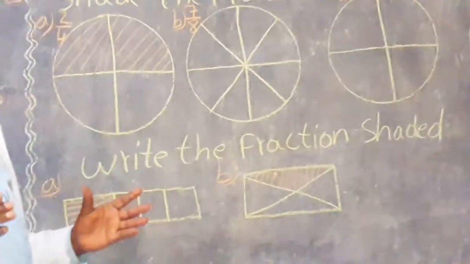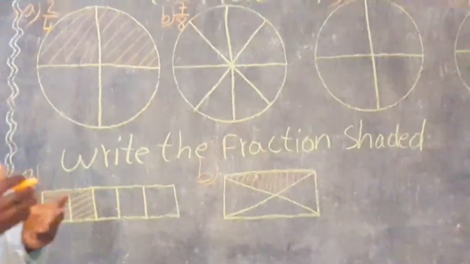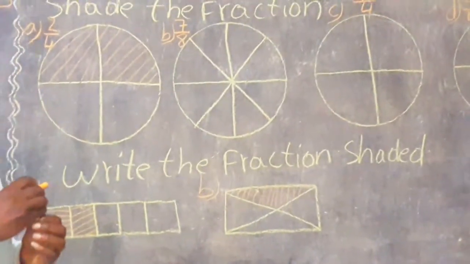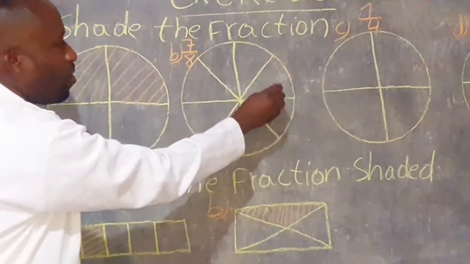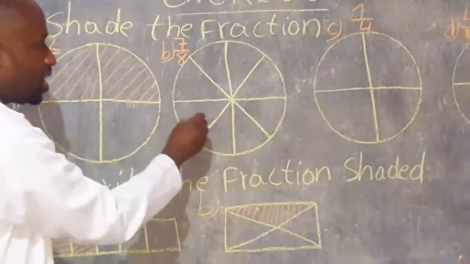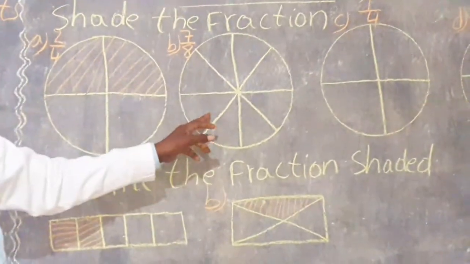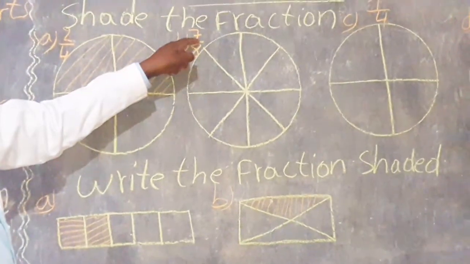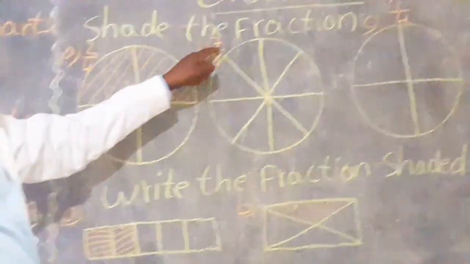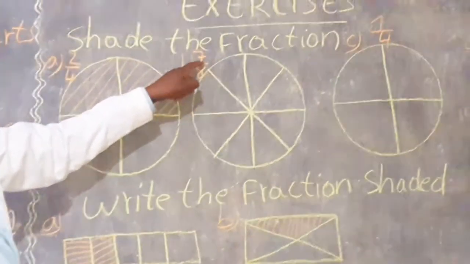The available number are 8. 1, 2, 3, 4, 5, 6, 7, 8. This is denominator. And which are the number of taken parts in available parts?